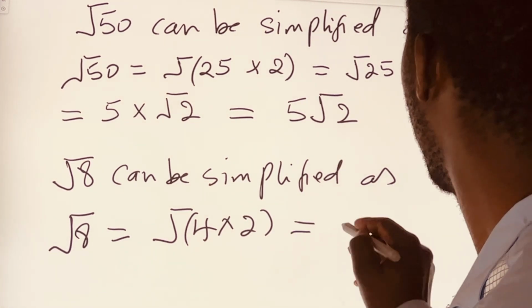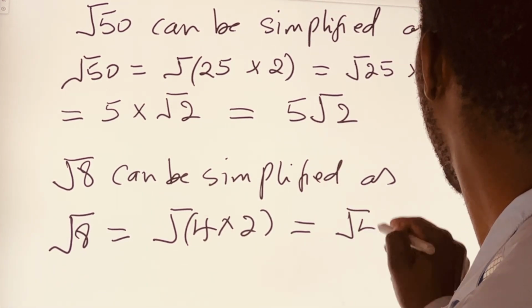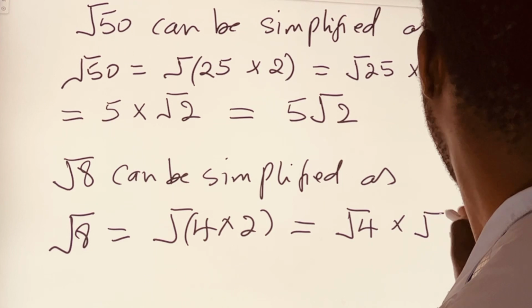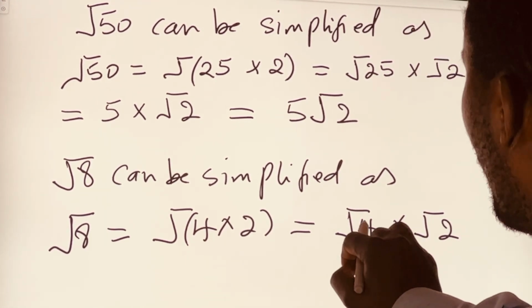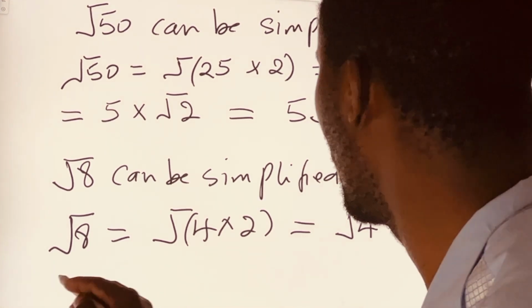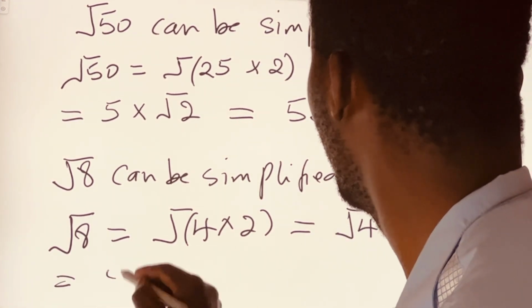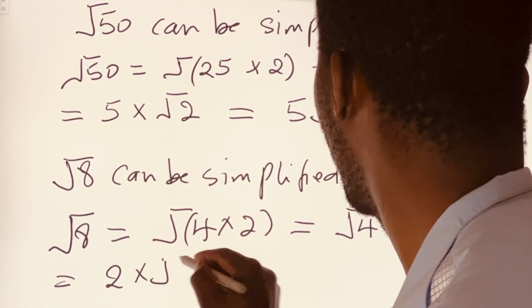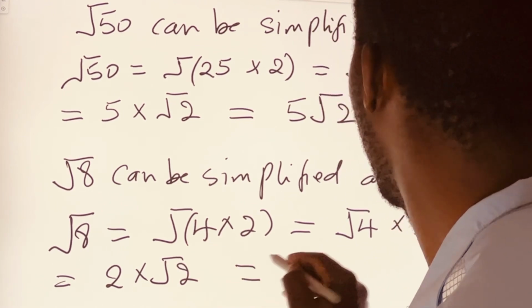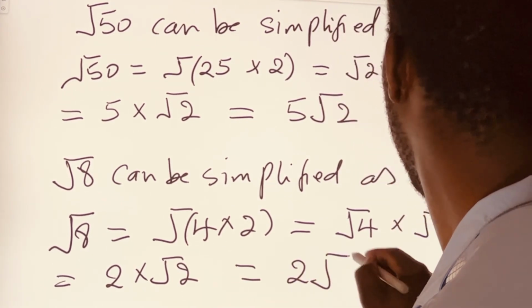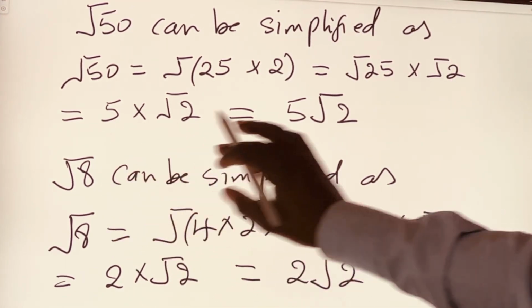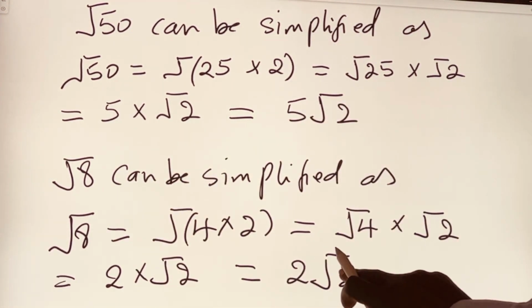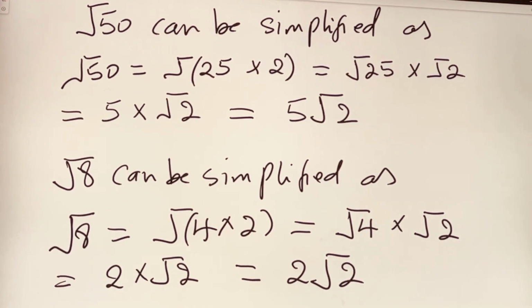This is the same as square root of 4 times square root of 2. Now of course the square root of 4, you know it is 2, so this is going to be 2 times square root of 2, which is 2 square root of 2. So now the square root of 8 can be simplified to 2 square root of 2.